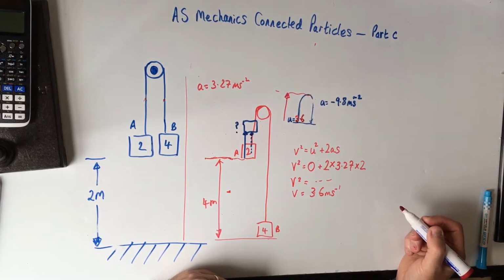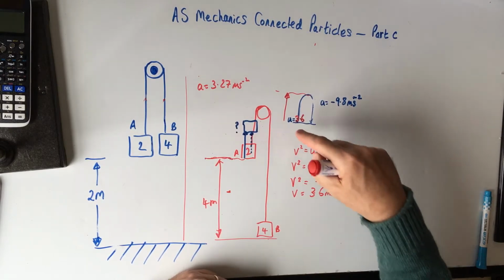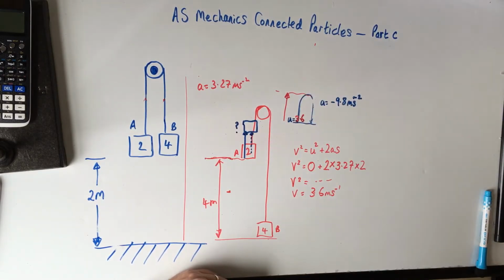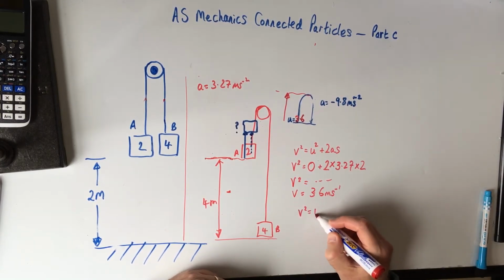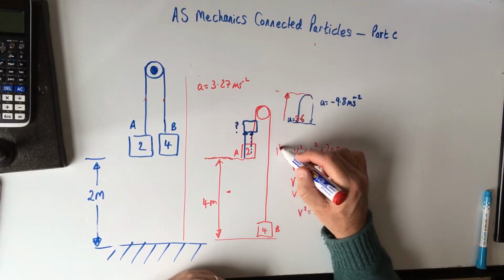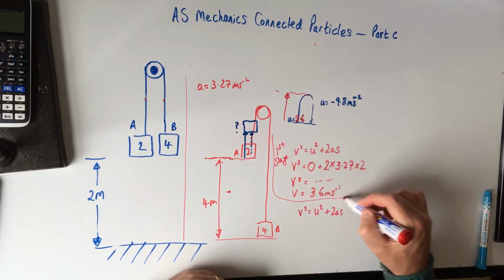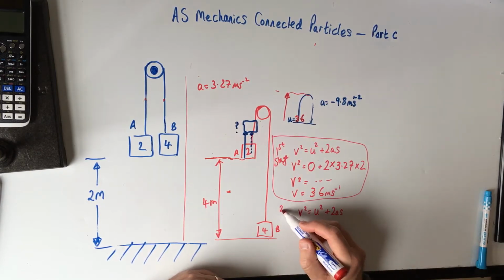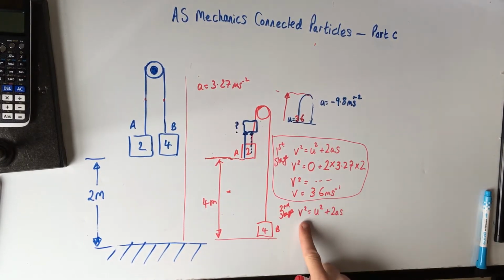If we wanted the time, we would use v equals u plus at, but because we want the height it travels, we're going to use v squared is equal to u squared plus 2as again. This was for the first stage, travelling the 2 meters, and this is for the second stage.